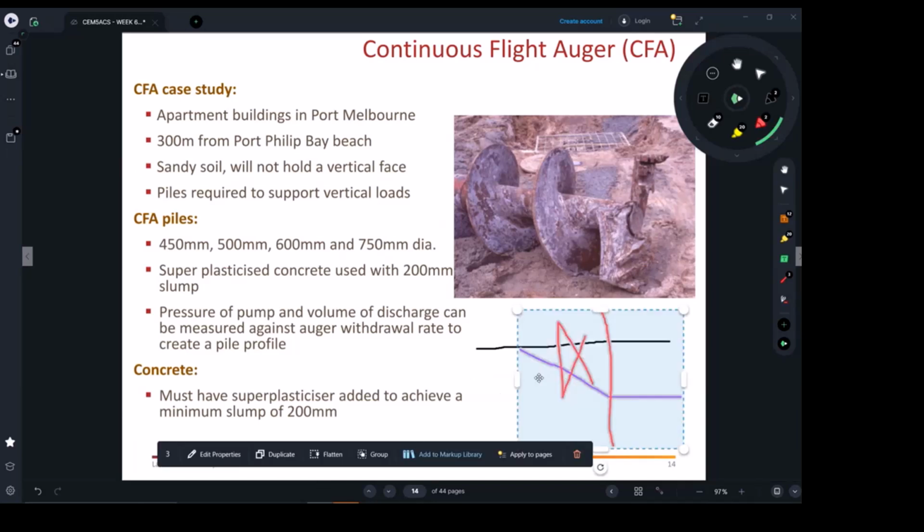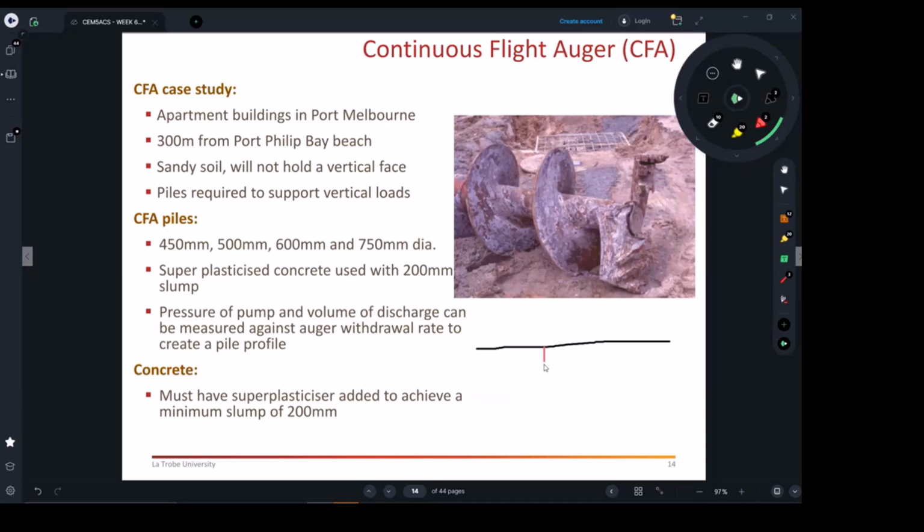If you've got a pile, you need to ensure there is some sort of cover. That's your pile, and we're going to have a cage placed in the pile. This is the reinforcement cage. We usually use highly workable concrete, and we can control this with water, but nowadays we have chemicals, and that chemical is superplasticizer.